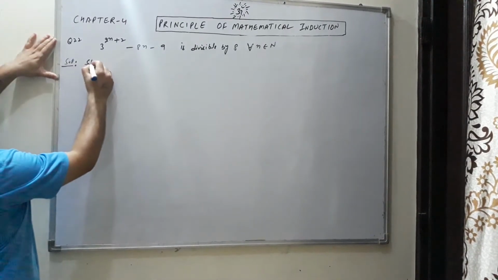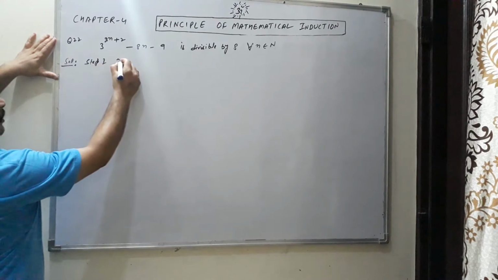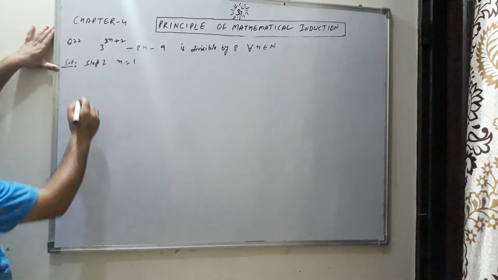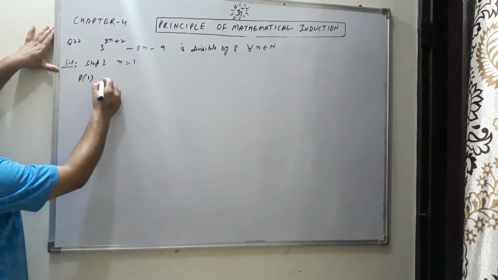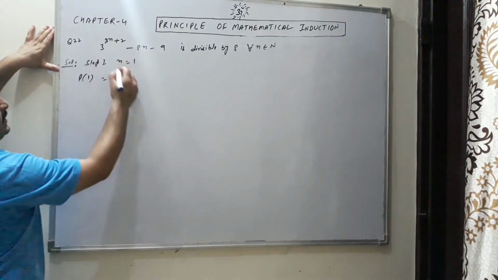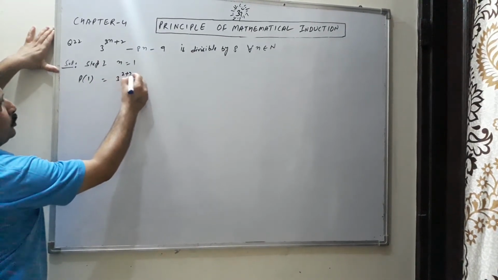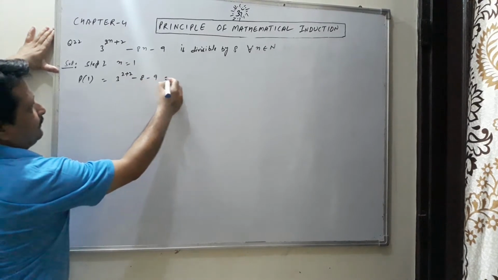So let us come to step number 1, where n is equal to 1. Students, P(1): 3^(2·1+2) - 8 - 9.